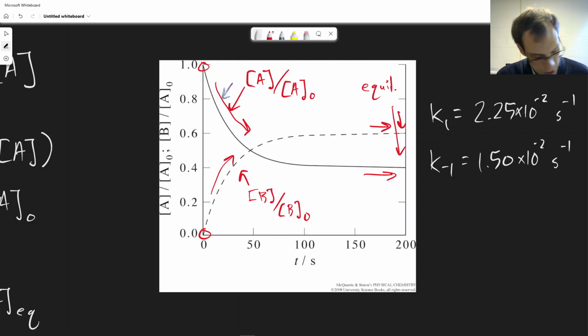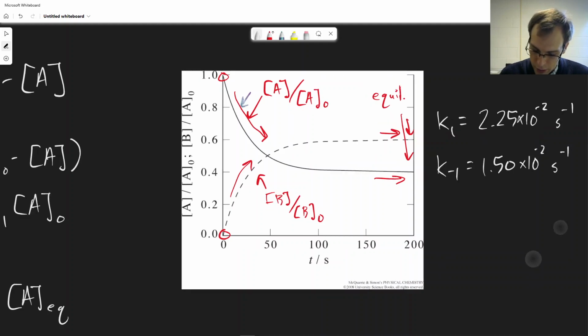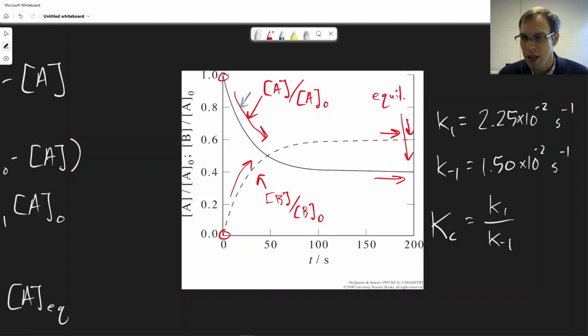Okay, and so we can see that, because K1 is larger than K minus 1, we overall end up with more B than we do A when we reach equilibrium. And we can also see that the ratio between these is just going to be equal to Kc, as we mentioned above. And so we should end up with more B than A at equilibrium. So just a visual representation of the process that we're looking at here.